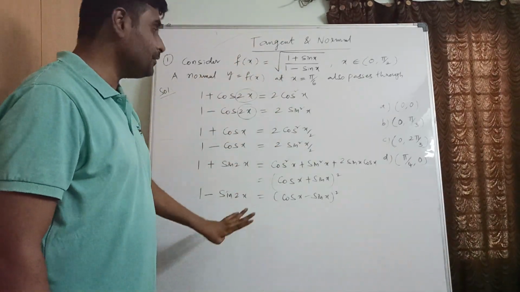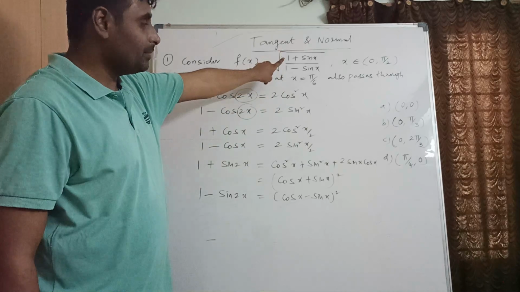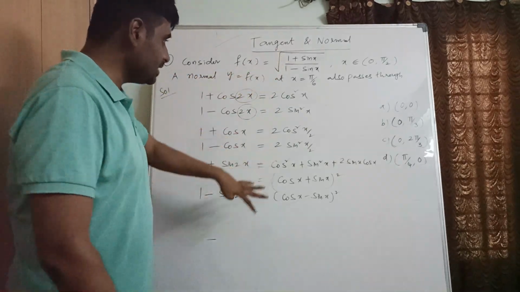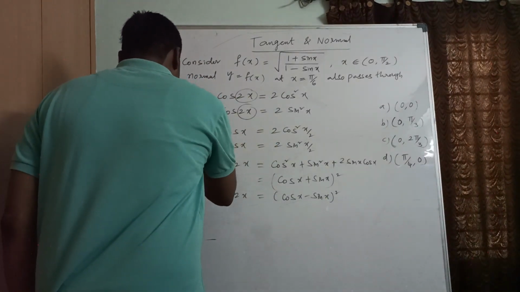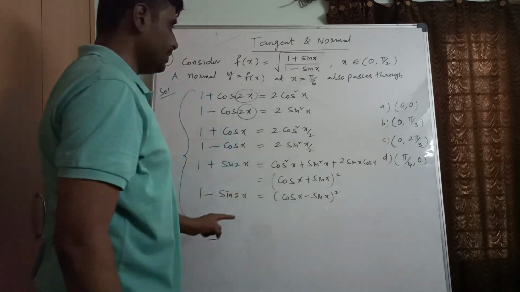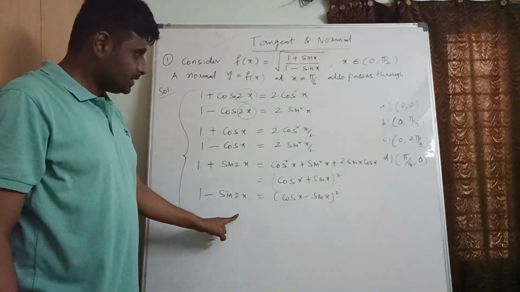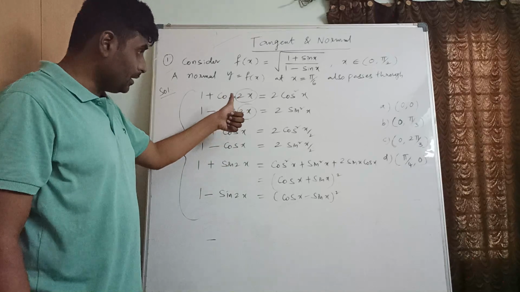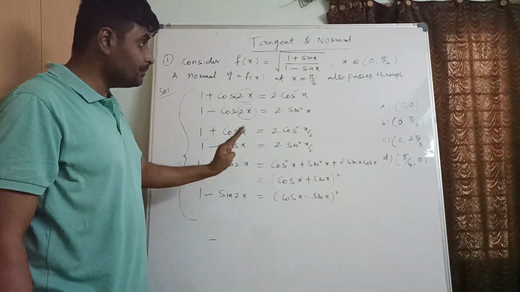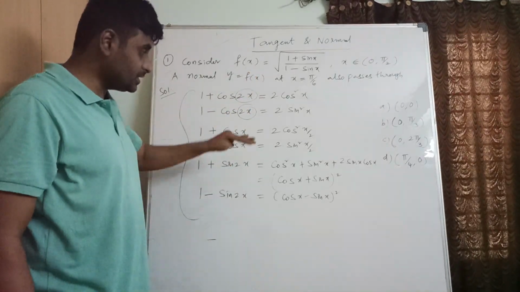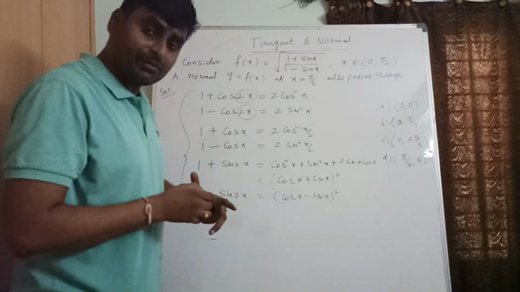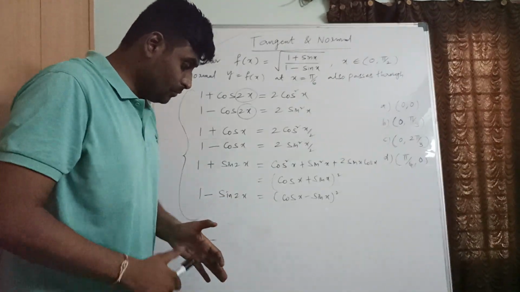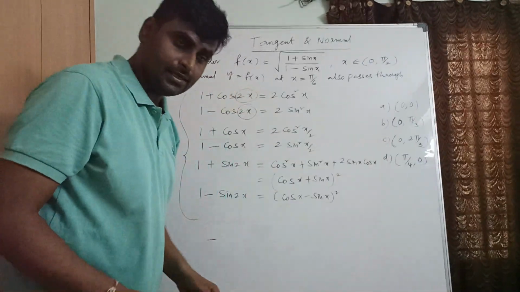So now we have to remember the formulas for this. These are the basic formulas which we have to remember. Just pause the video and make a note of all these formulas before going to solve this problem. These are the basic formulas which can be used in most of the problems, right?